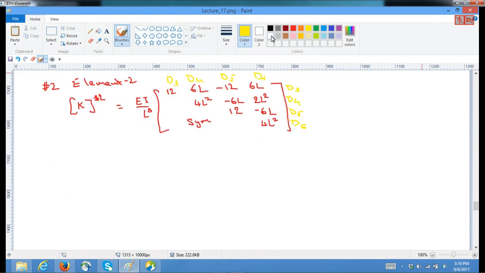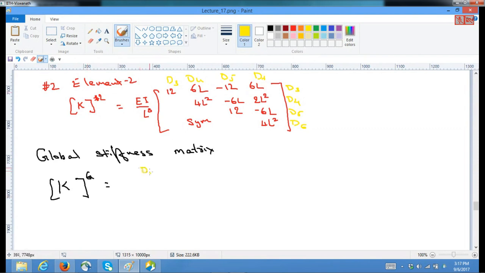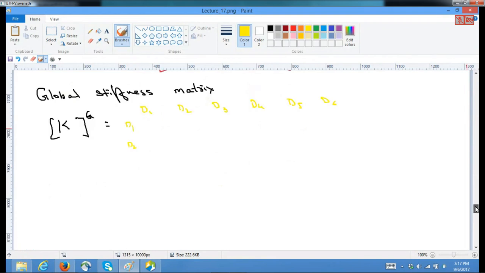Now, if I want to assemble the global stiffness matrix, I have to write K global is equal to, let me write with respect to D1, D2, D3, D4, D5, D6, for both rows and columns.